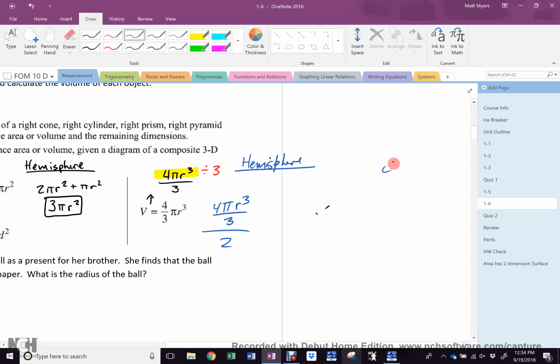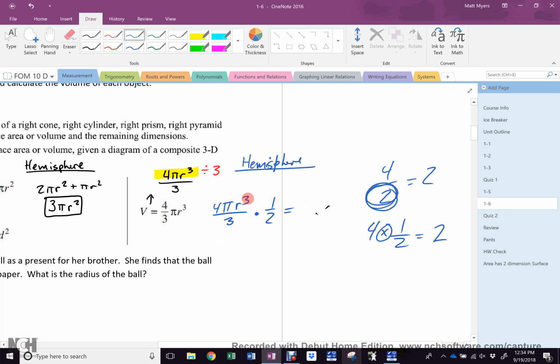Because what is 4 divided by 2? 2. What is 4 times 1/2? I love how nobody says anything. I know, right? It's a fraction. So, isn't dividing by 2 the same as multiplying by 1/2? So can't I take 4 pi r cubed and multiply by 1/2?